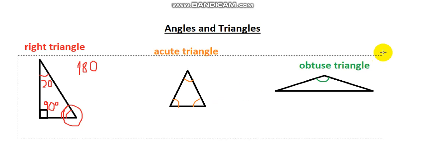Next, we can also separate them based on the relationships between their sides. So I can have an equilateral triangle. This kind of triangle has all of its sides equal. So this side is the same as this side is the same as this side. And all of its angles also need to be 60 degrees, all of them.